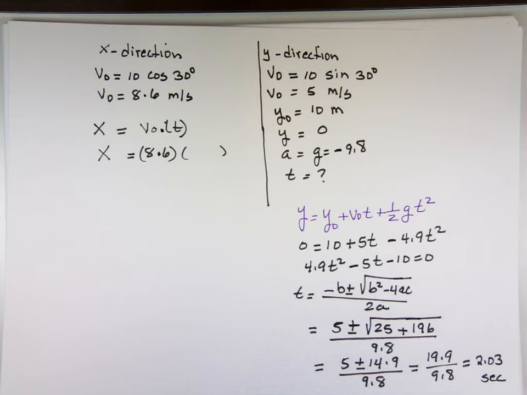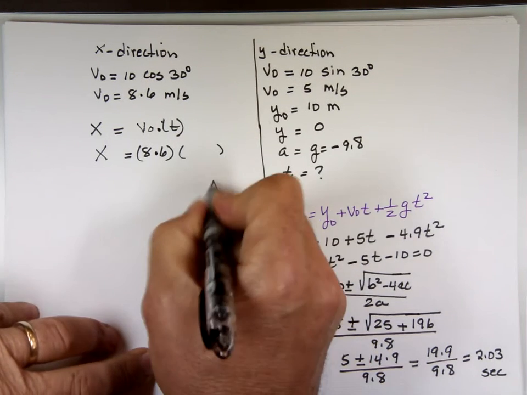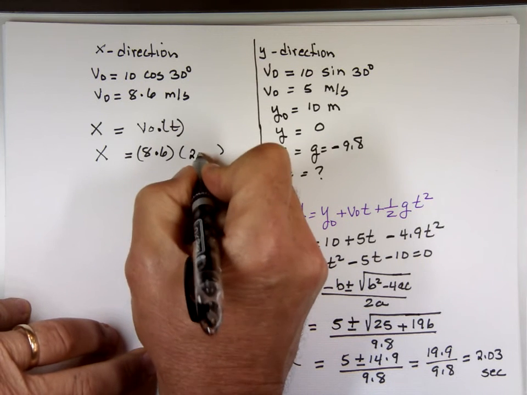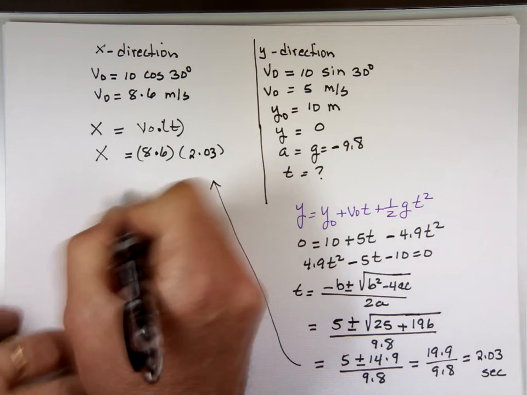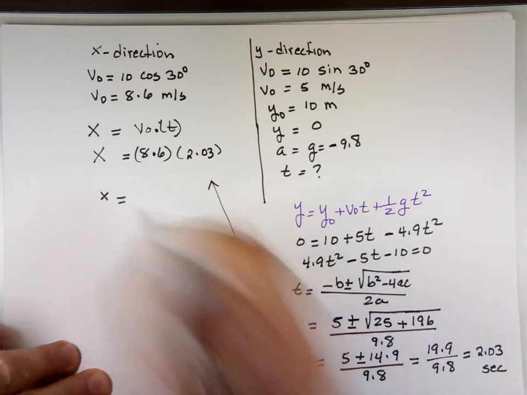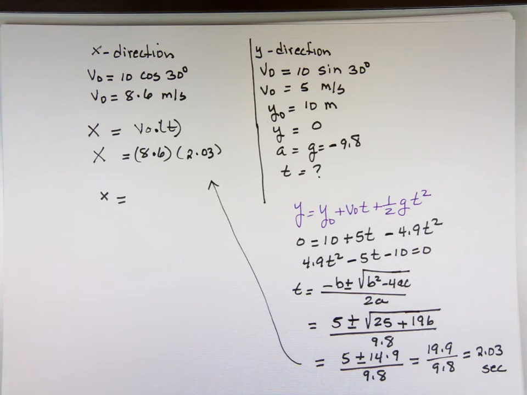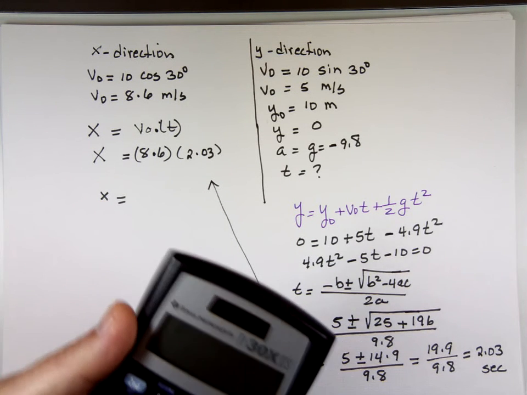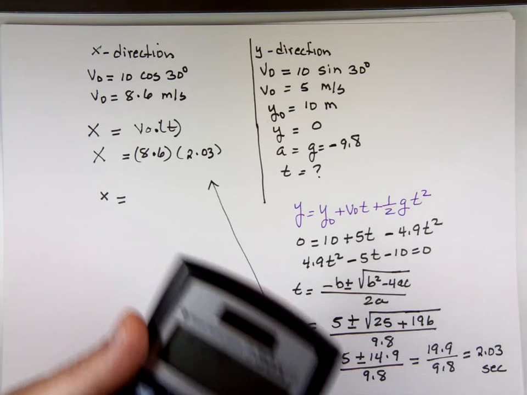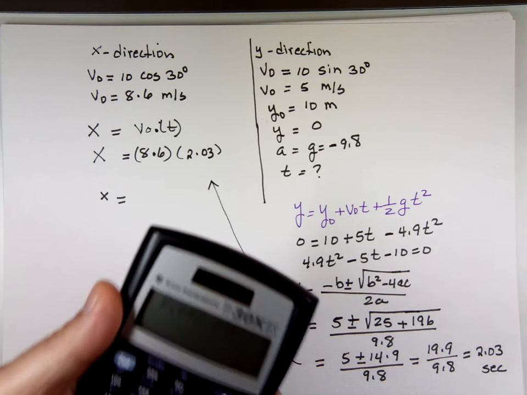Now, if you bring that value and plug it back in here, how far from the diving board does he or she enter the water? 8.6 times 2.03, roughly 17.5 meters.